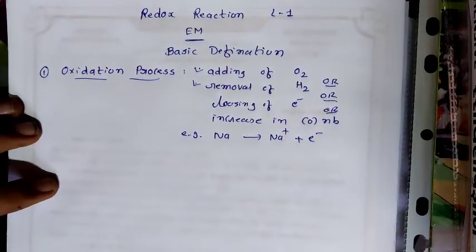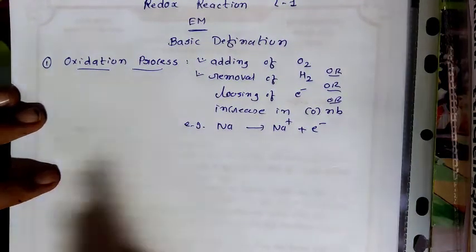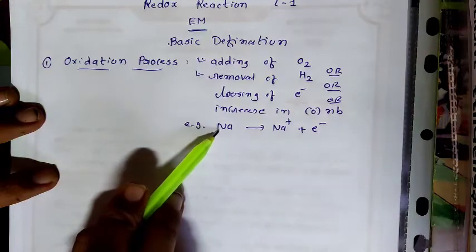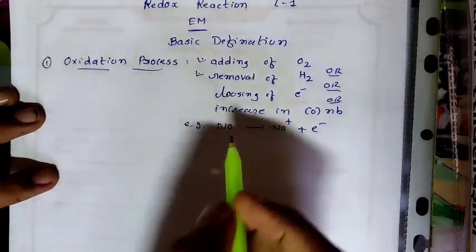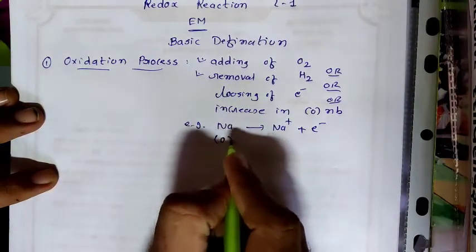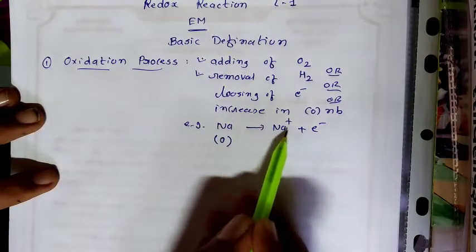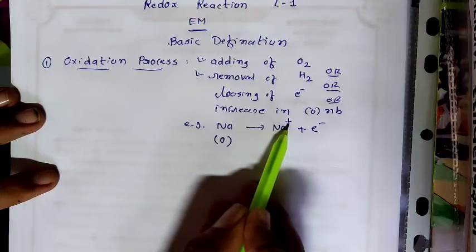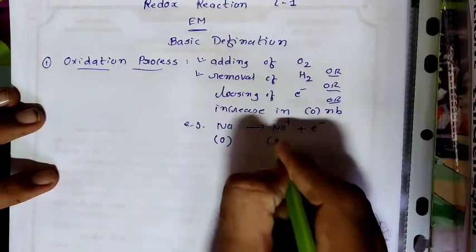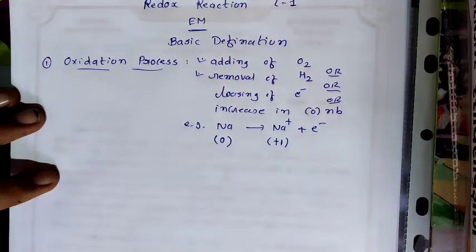Just see, I will give you an important example for this definition. Na gives Na plus plus electron. Just see, the charge on sodium is 0, so the oxidation number of sodium is 0, and the charge on Na plus is plus 1, so the oxidation number of Na plus is plus 1.